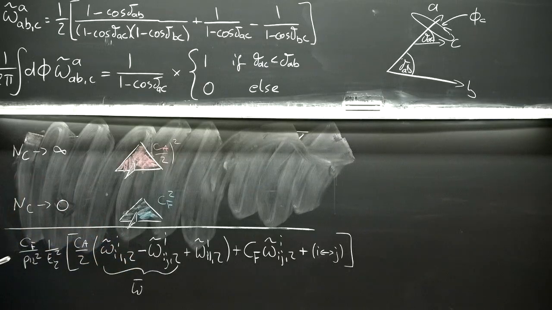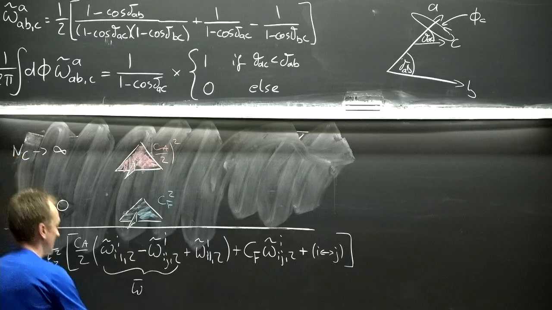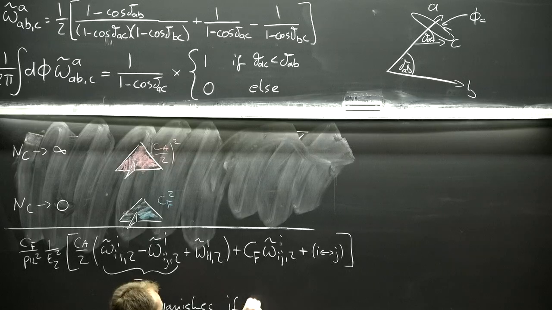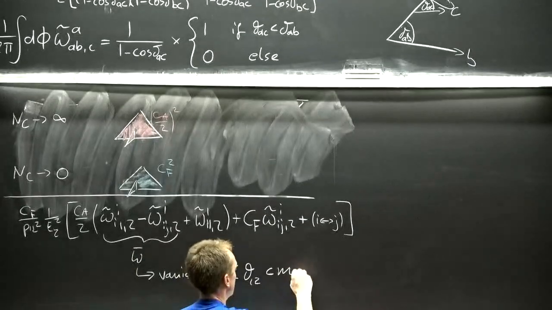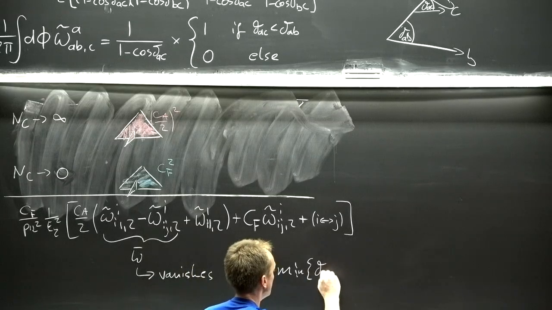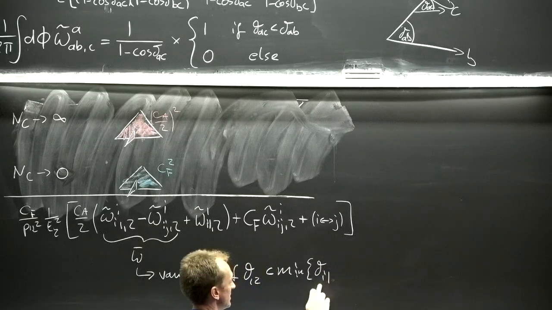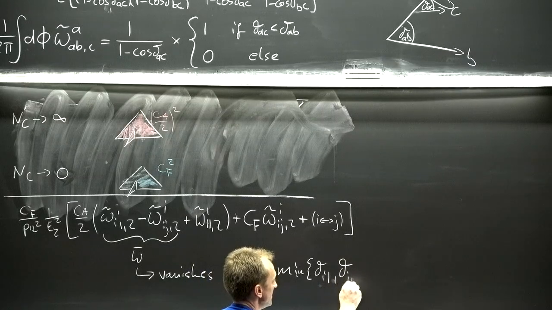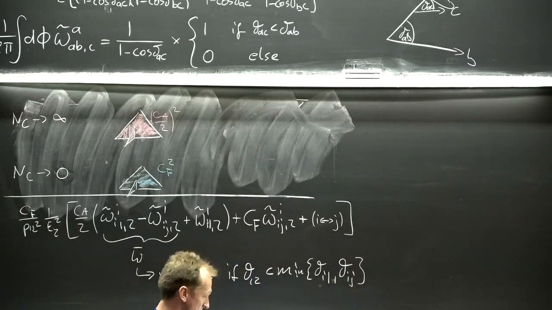it must vanish when the angle between the first and the second gluon, let me write this down, is less than the minimum of the angle between the original Wilson line and the first gluon, or the angle between the original two Wilson lines.